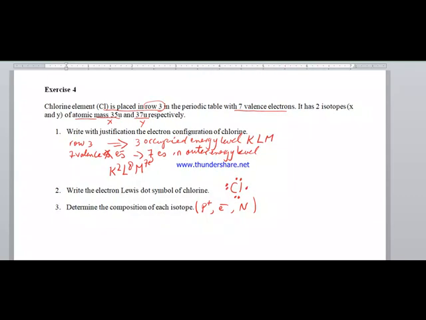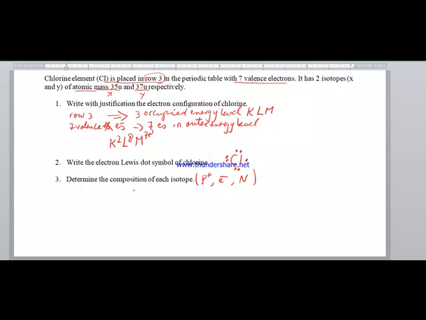We have 2 isotopes of chlorine, isotope X and isotope Y. Isotopes have the same atomic number, so both of them have the same atomic number. Each one has an atomic number equal to 17.